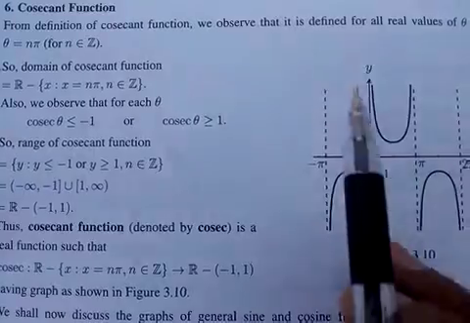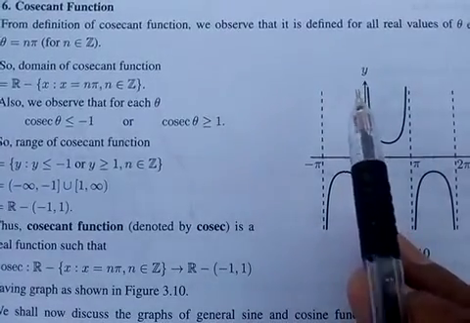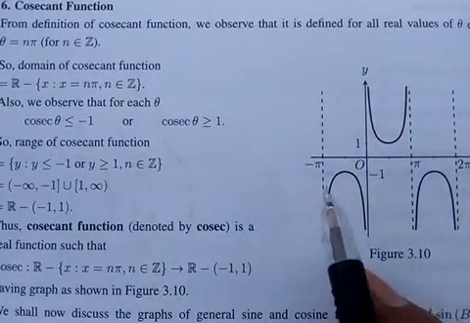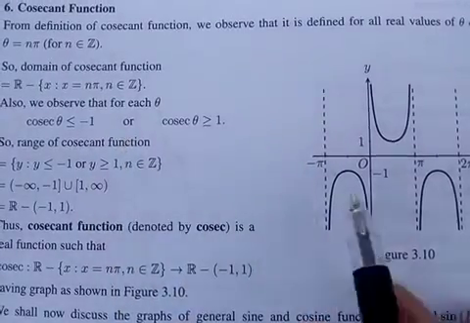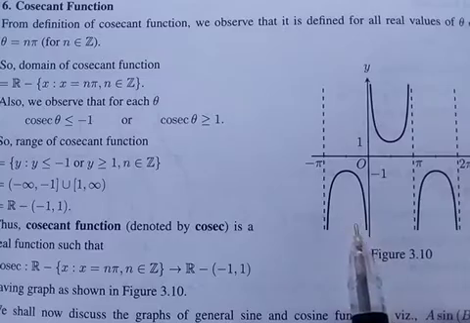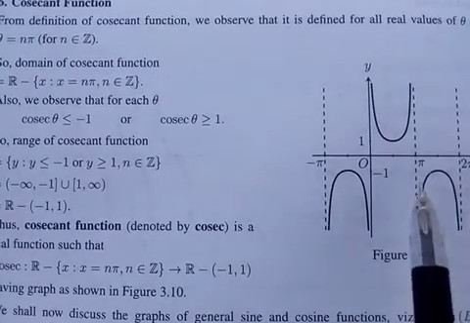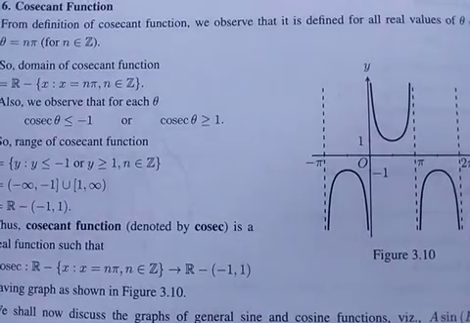Graph of the cosec function you can see here. Cosecant is the full form and cosec is the short form of the function cosecant. You can draw the graph between minus π to plus π.